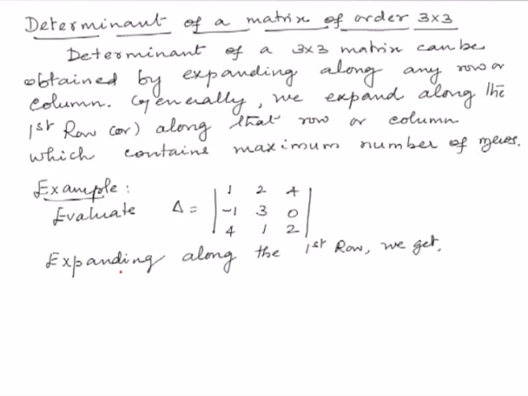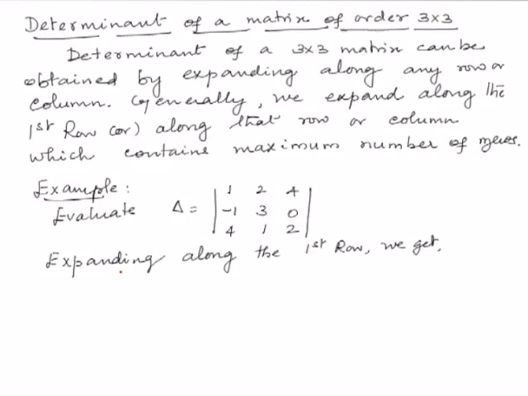The next element is 2, so you will change the sign, and minus 2 times, the corresponding column and row need to be forgotten. So there you will be left with |-1 0; 4 2|.